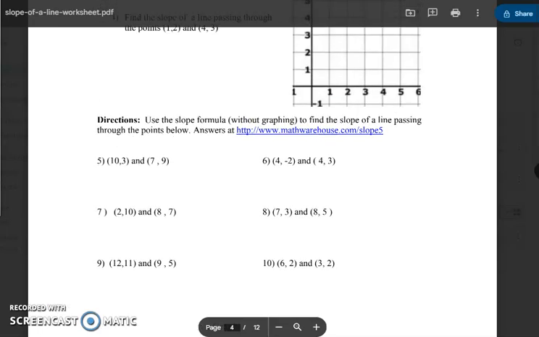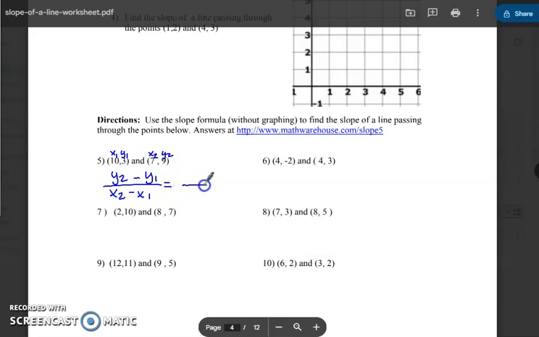Okay, so we did this last week, but I'm still going to review it again. We would do x1, y1, x2, y2. It doesn't matter which one is 1 and which one is 2, but I do want to make sure I label them. So remember, it's y2 minus y1 over x2 minus x1.